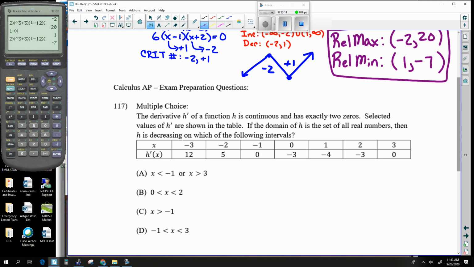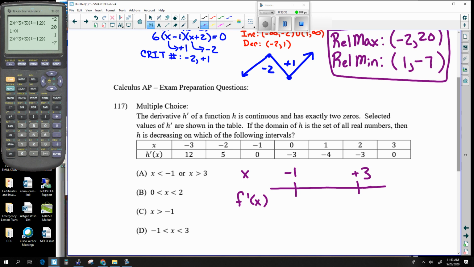And so what I notice is, you can think of it like this. When you have derivatives of 0, you have critical numbers. So I see that I have critical numbers at -1 and +3. Now, what's occurring below -1?